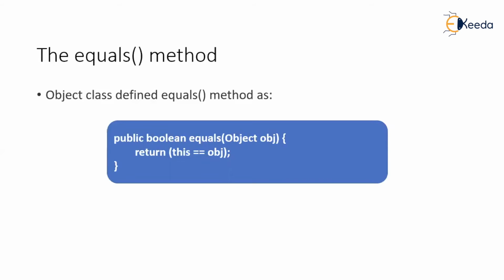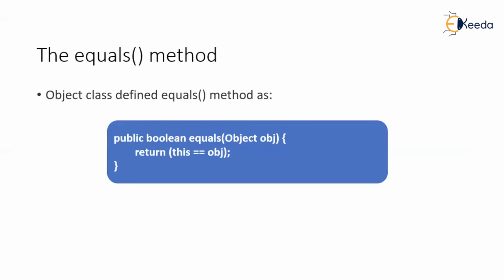And this equals method, which belongs to the Object class, returns true only when both the references are pointing to the same object.